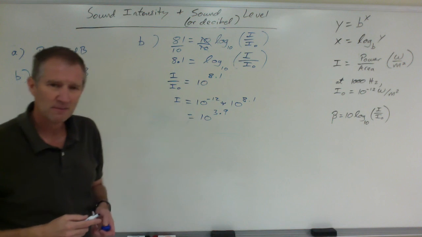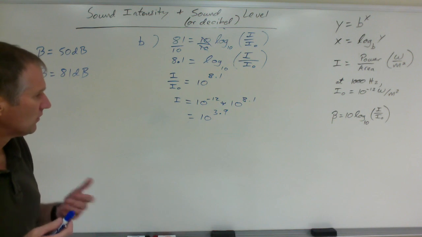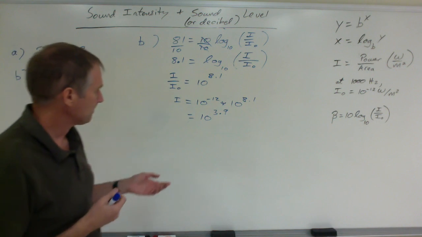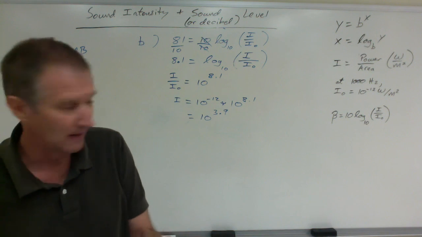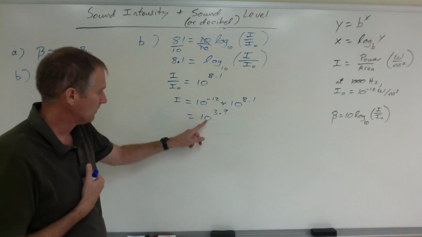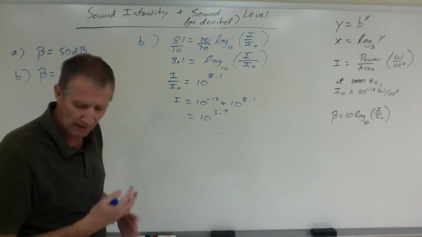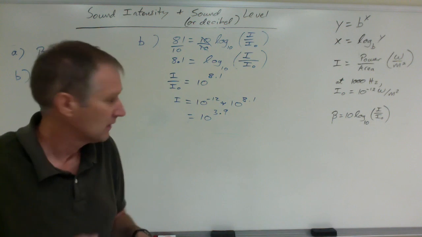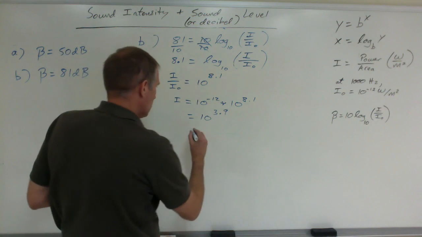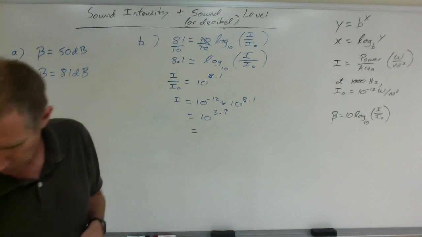Don't leave it like that. Instead, use your calculator. You can use second function logarithm is 10 to the x, and just hit that and type in negative 3.9, or you can use the 10 and then that little hat thing, negative 3.9. Either one will give you this.